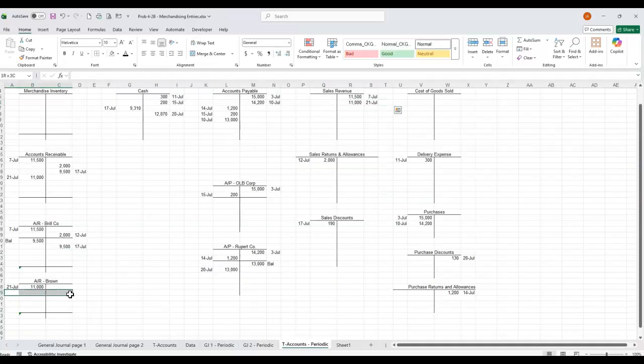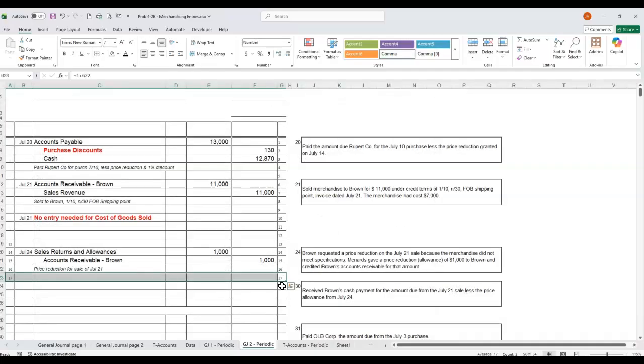So here is the credit to accounts receivable Brown, the credit to accounts receivable, the general ledger account, a debit to sales returns and allowances. Same as it would be under the perpetual method when there's an allowance. All right. Let me do one more line here.